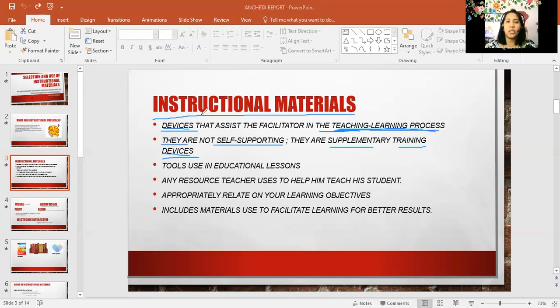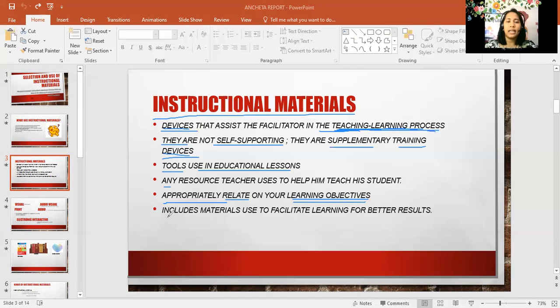Okay, so instructional materials also are the tools used in the educational lessons, and any resource a teacher uses to help him teach his students. It must be appropriately related to the learning objectives of the teacher.